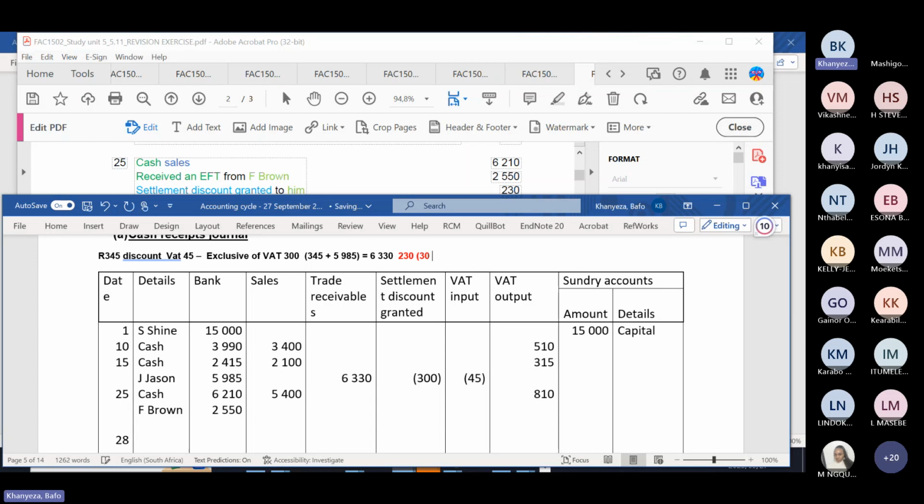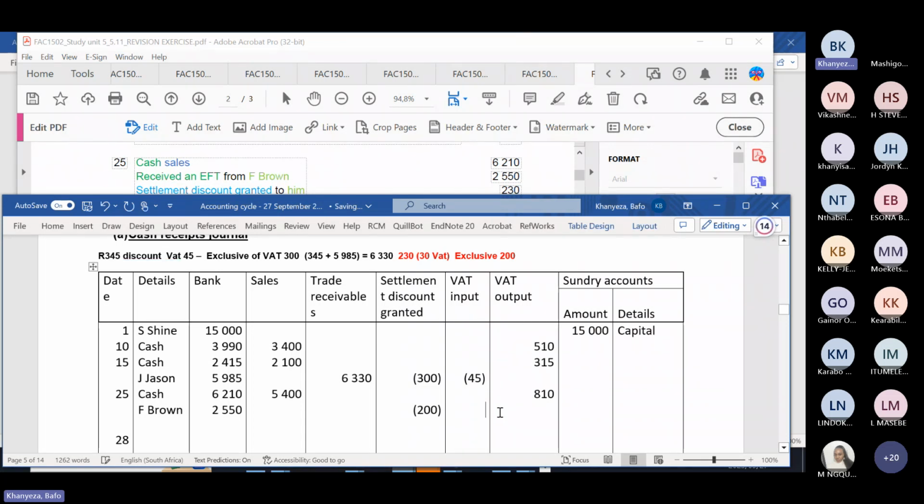We have to claw back this VAT from SARS, because F Brown didn't pay us. Then exclusive it's going to be 200. So the settlement discount is going to be 200.